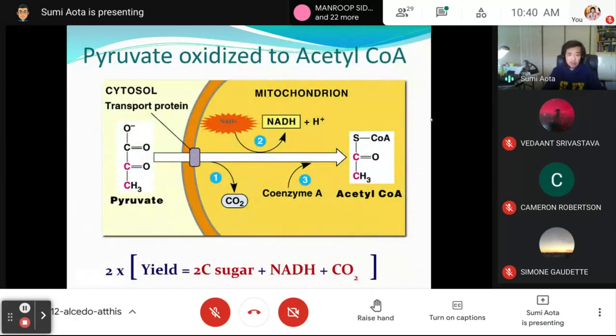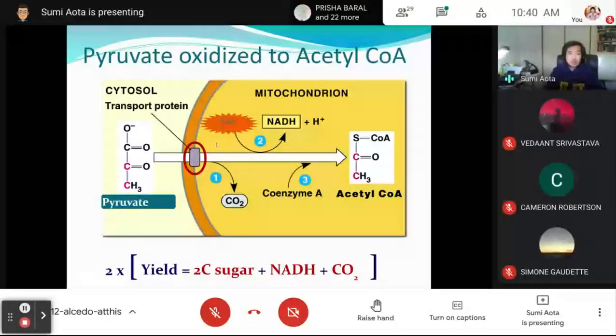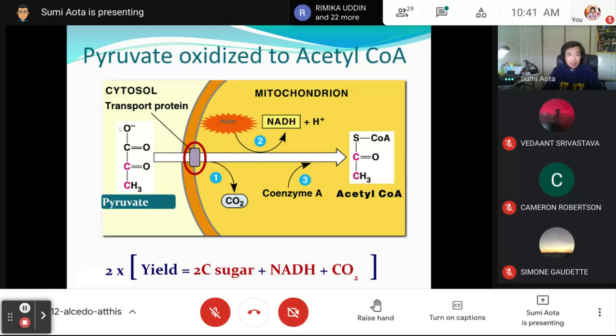Let's look at this step. We start with the pyruvate molecule. In order to get the pyruvate into the mitochondrion, there is a transport protein involved. This transport protein is going to strip this part of the molecule, CO2, out. And that becomes the carbon dioxide that's going to leave the cell.